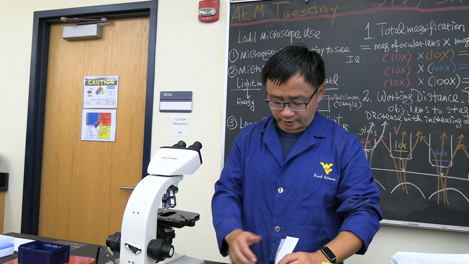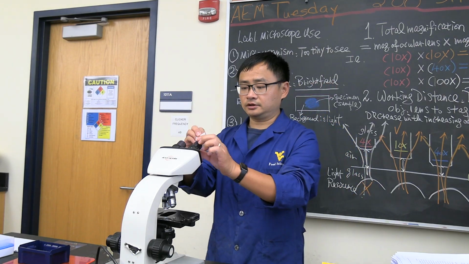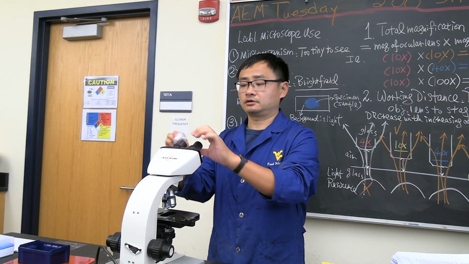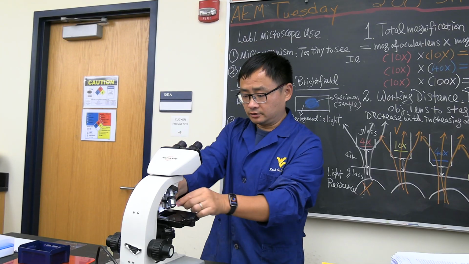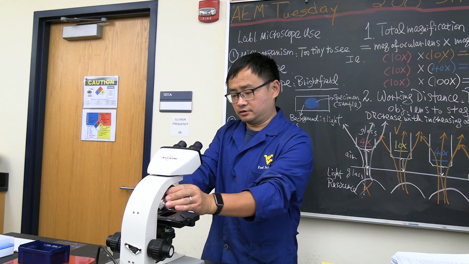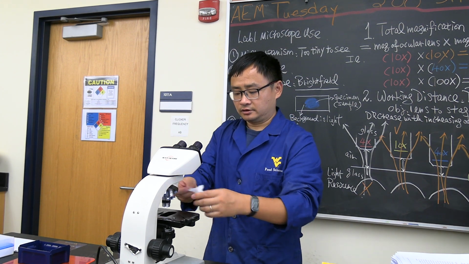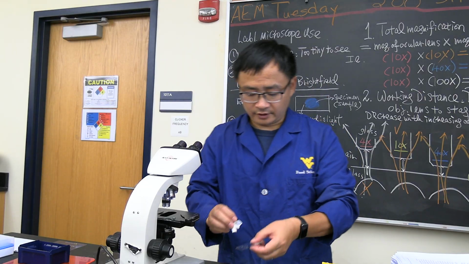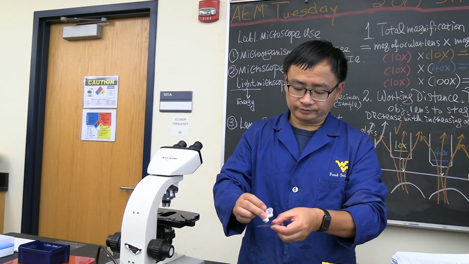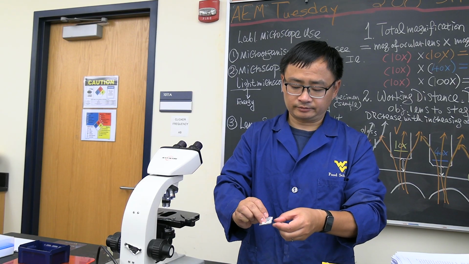This lens paper is to clean the lens. Okay, very important. Clean the lens. If you didn't use it, it's okay. Clean the lens right here. After that, very gentle, wipe it off.